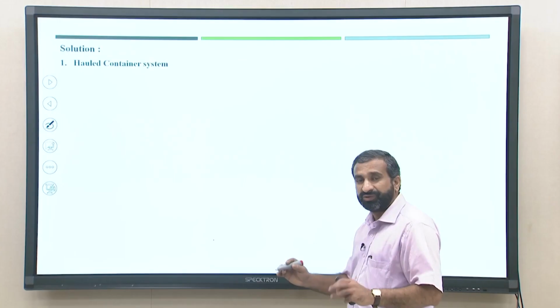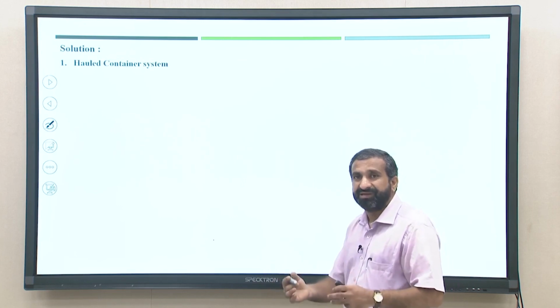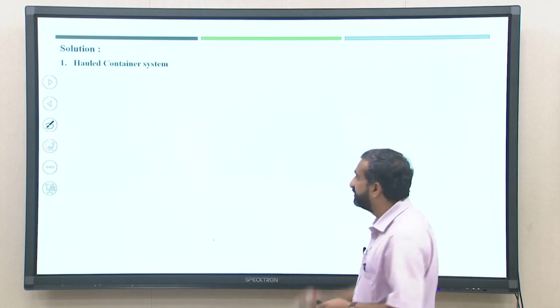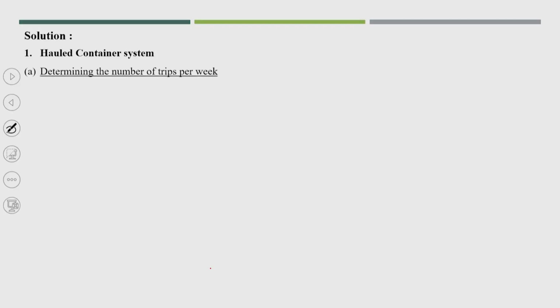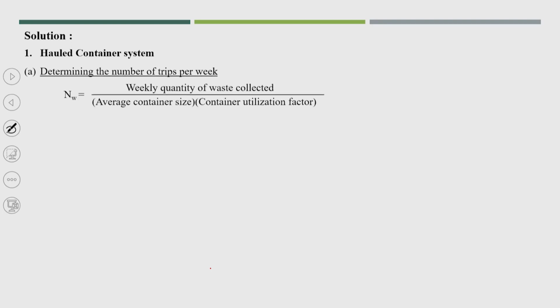So, now we will go for the solution. First we will calculate the TW value, the total time in a week, that is how many days will be required in a week. First we determine the number of trips per week. We can calculate this as NW, the weekly quantity of waste collected, that is how much quantity is collected on a weekly basis, divided by the average container size multiplied by the utilization factor.